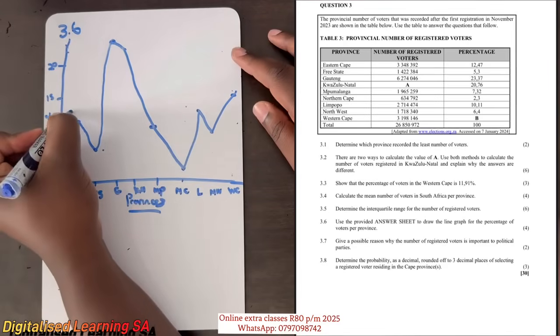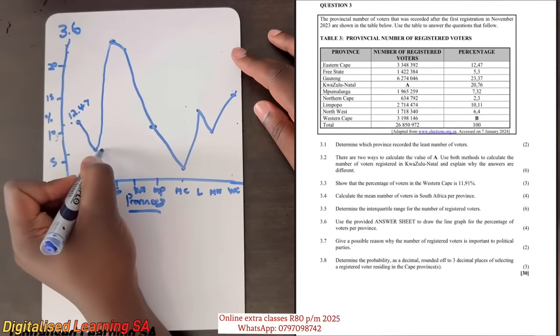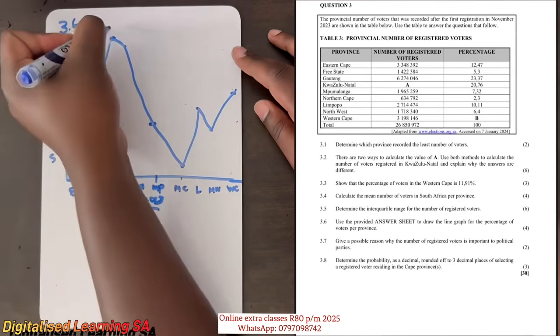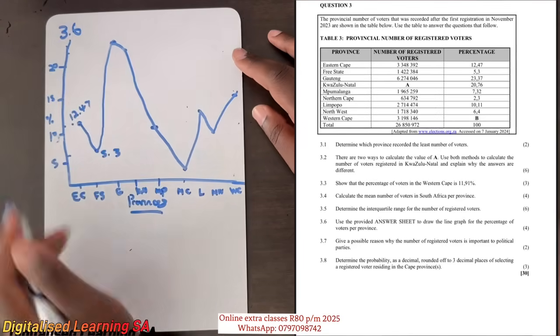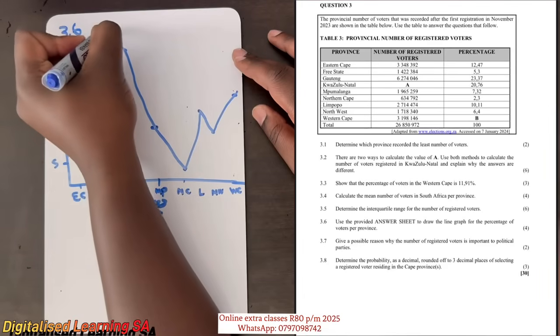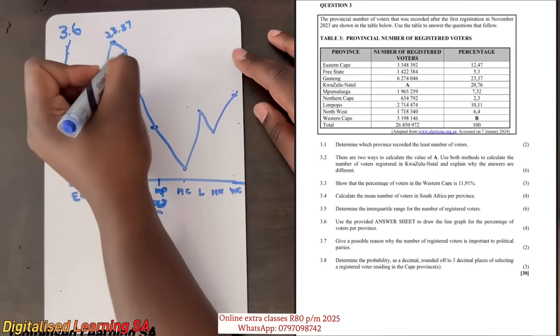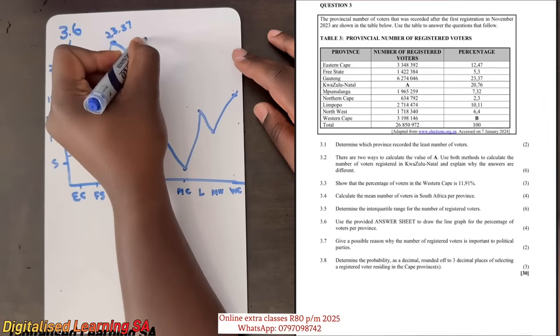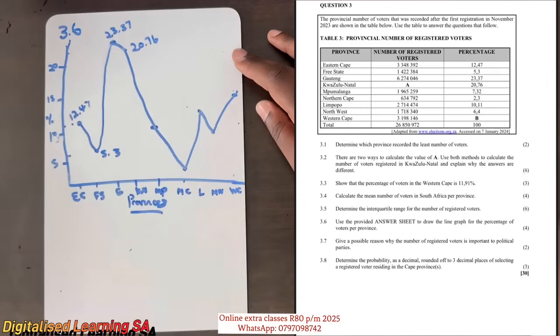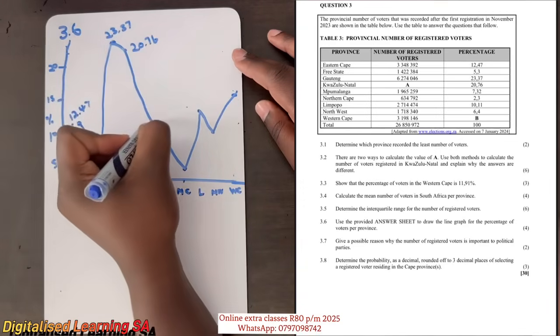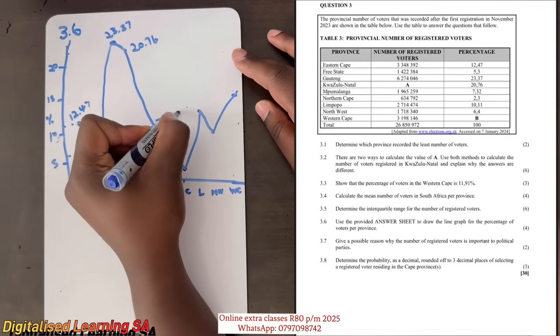And then after drawing it, we can also label it. So we can come and say 12.47, then 5.3. Then we can also have 23.37. Then we can have 20.76. Then we can have 7.32.